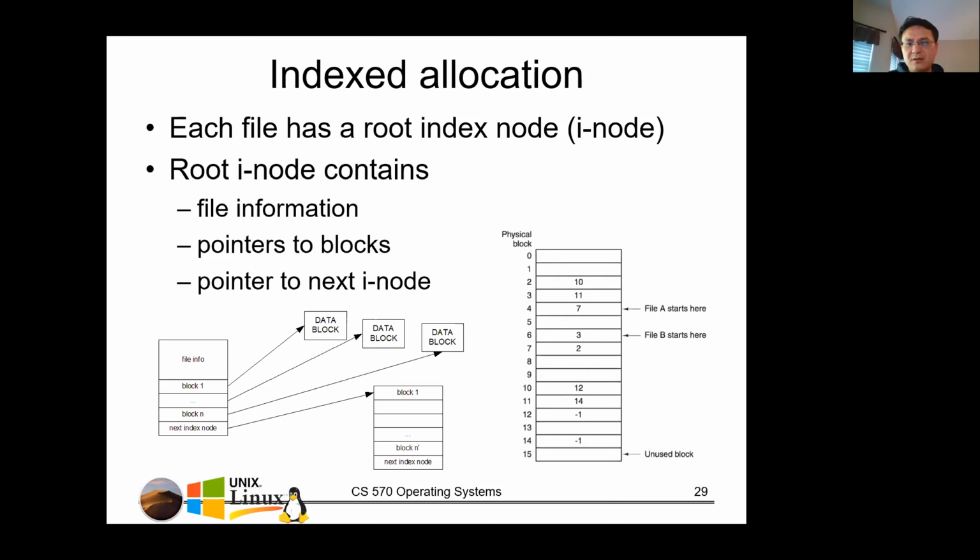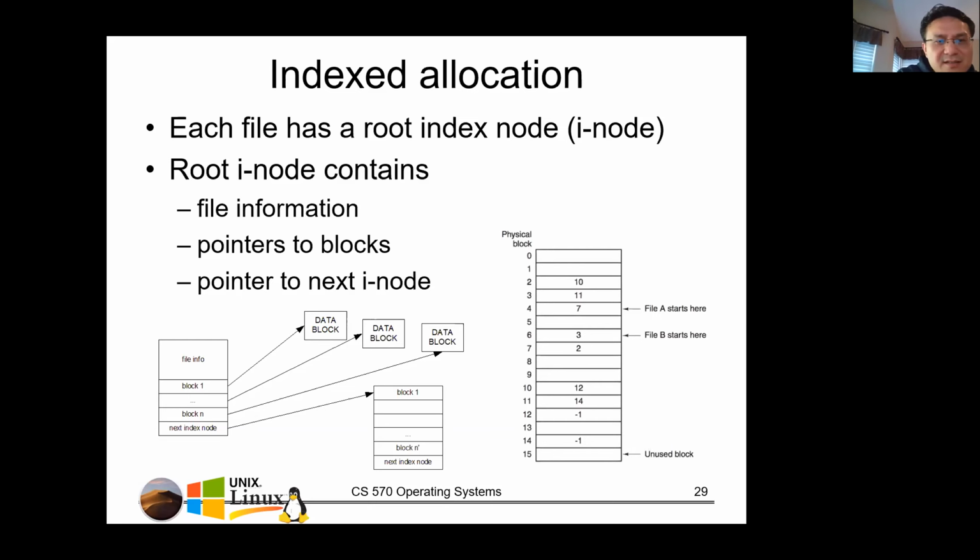File attributes may include last modified by, and all kinds of other attributes, like security information, like owner of the file, permission to access the file. So basically, those are file metadata. Last class, I showed you a list of them. So this inode is essentially the data structure that contains all that information.